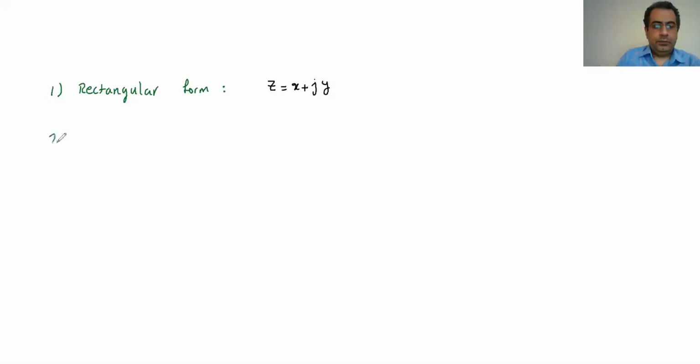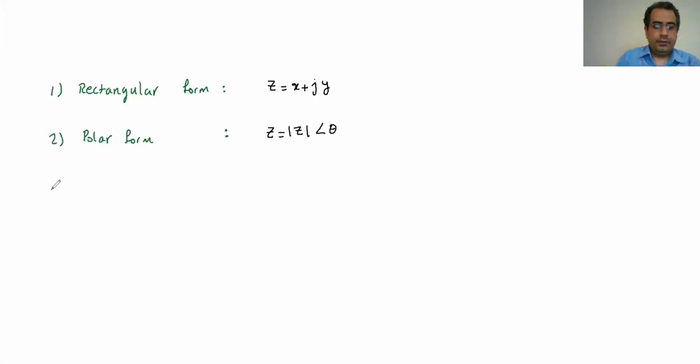The second form is the polar form, which tells me that z is its magnitude and the angle it has.